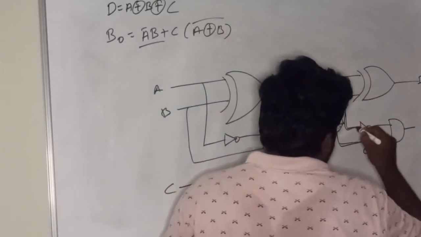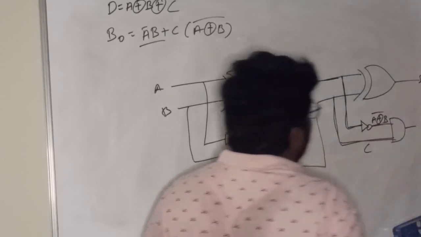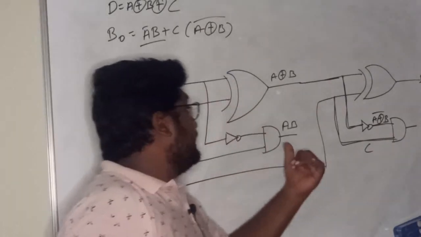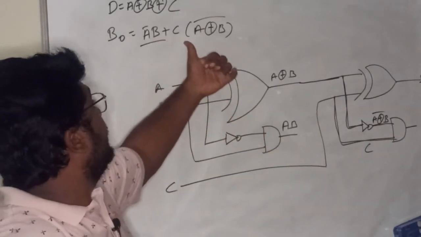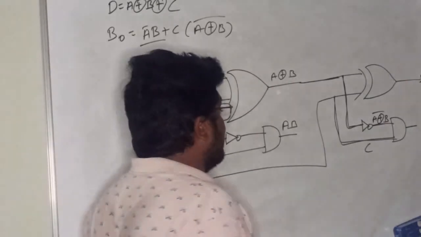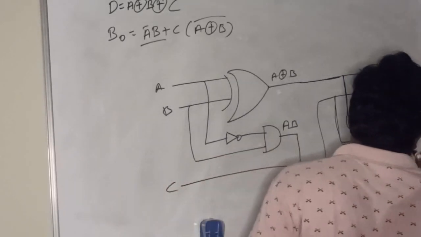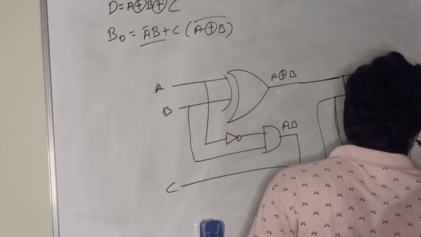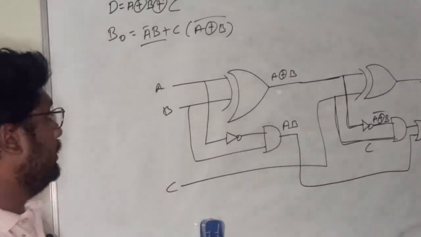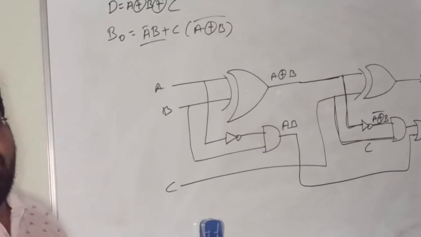So this is A XOR B and it is complemented here. These two AND gate outputs, A complement B and C into (A XOR B) complement, are combined by using a sum term. These two are combined with an OR gate, that is nothing but the borrow B naught. So this is how we construct a full subtractor using two half subtractors.